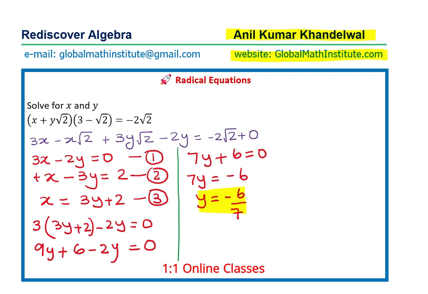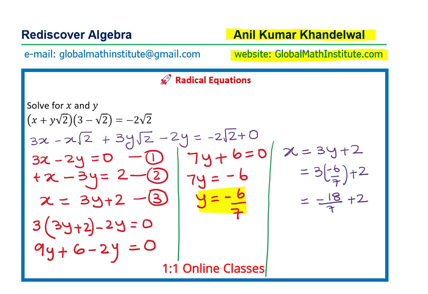So from here we can find the value of x also, correct? x, as you can see from equation 3, is 3y plus 2. So x will be 3 times minus 6 over 7 plus 2, which gives us minus 18 over 7 plus 2, and that gives us minus 18 plus 14 over 7, or we get minus 4 over 7.